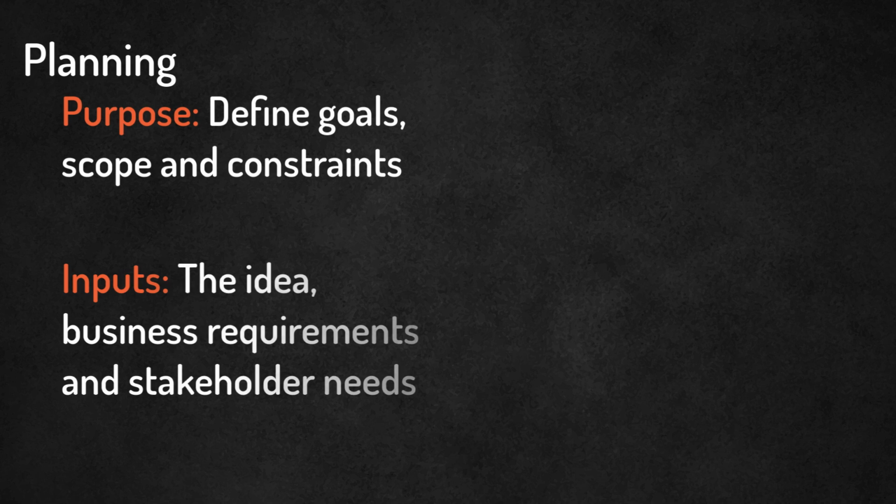Now, as far as inputs are concerned, we're going to be taking a look at the initial idea. Oh, this is a great idea. Then we're looking at the business requirements. So what do we need to make this work for the business and the stakeholder needs? So that's going to include both the business, investors, as well as customers.